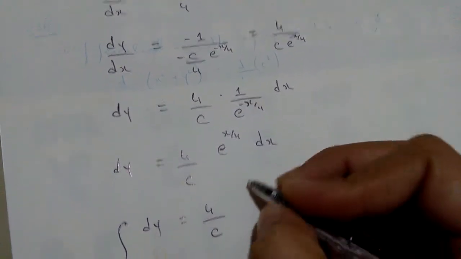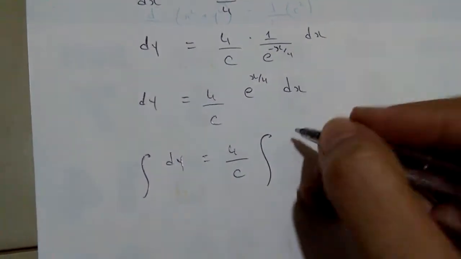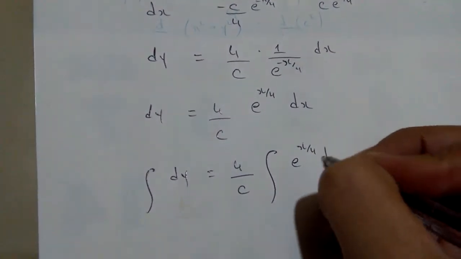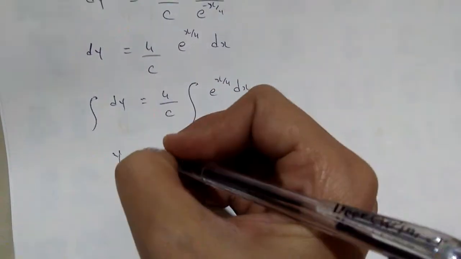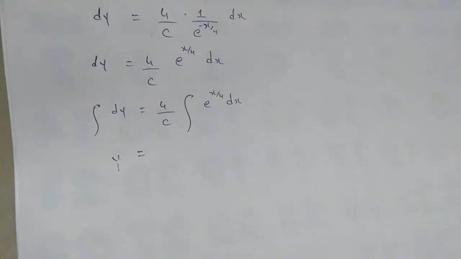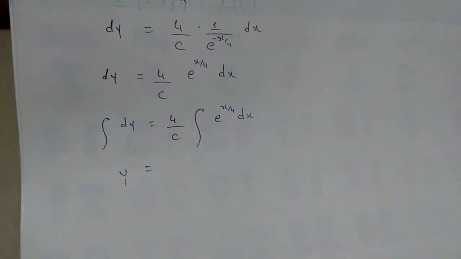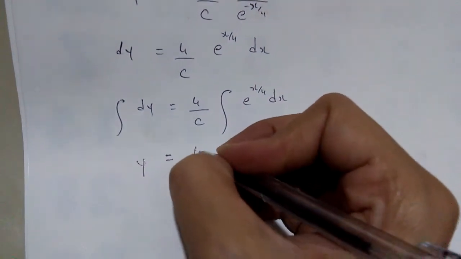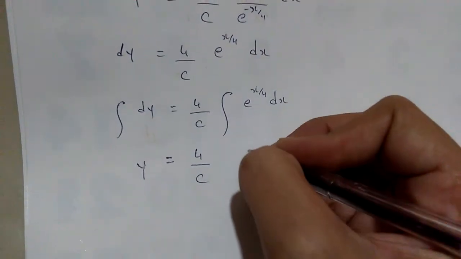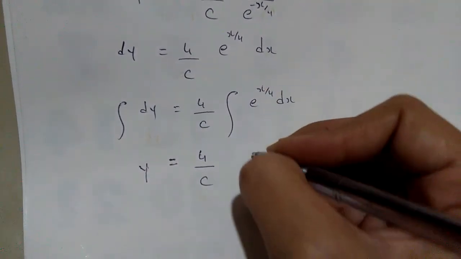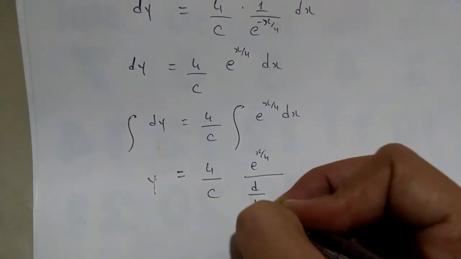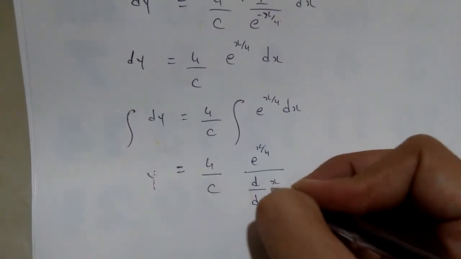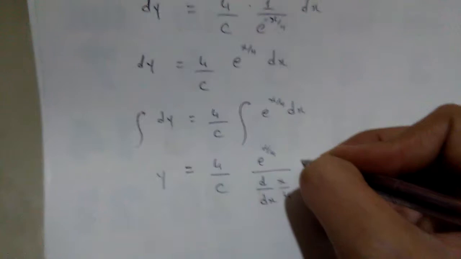This is a constant, so it is going to be written outside the integral. Okay, so we have y. Now the integral of the exponential is the exponential itself upon the derivative of whatever power you have on the exponential, plus some constant.